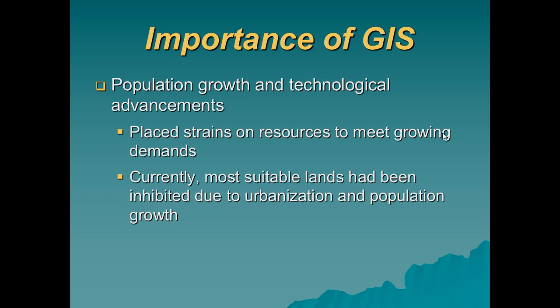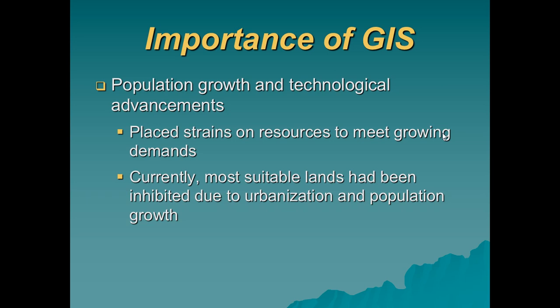We have technological advances occurring at the same time, and all of these phenomena are putting a strain on the consumption of our natural resources. Now remember, our natural resources are finite. They don't grow, yet we have population increase and technological advances consuming these resources. So what do we do? We must wisely manage what resources we have in order to meet the needs of our population, because human beings can't exist without consuming resources.